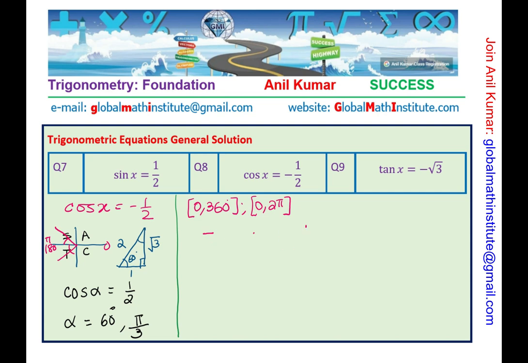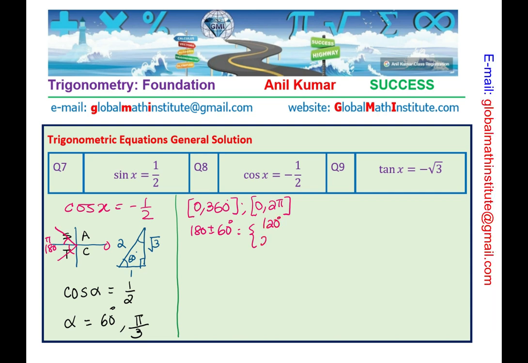Let me write the degrees first, as we had been doing earlier also. So the angles here will be 180 plus or minus 60 degrees, right? Which gives you two values, of course, and one is 120 degrees and the other is 240 degrees, correct? So these are your two solutions, correct?